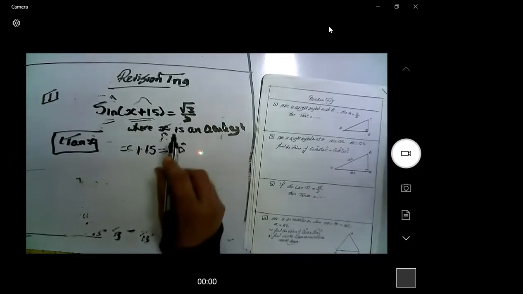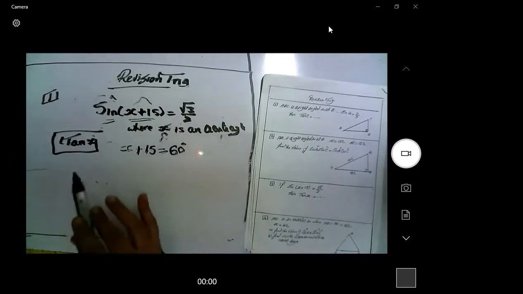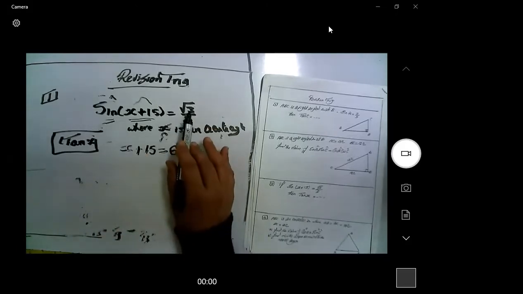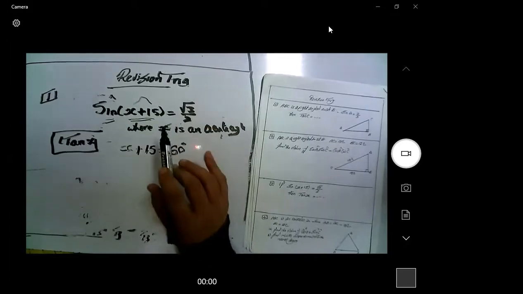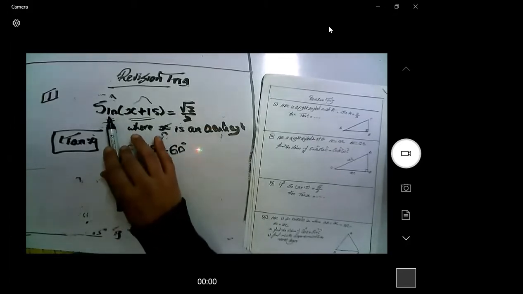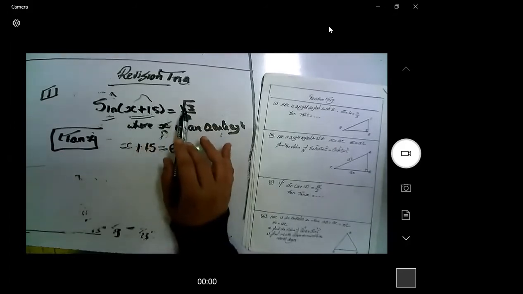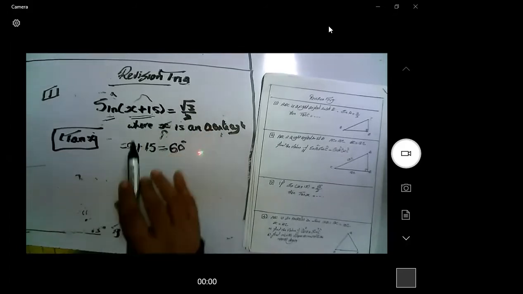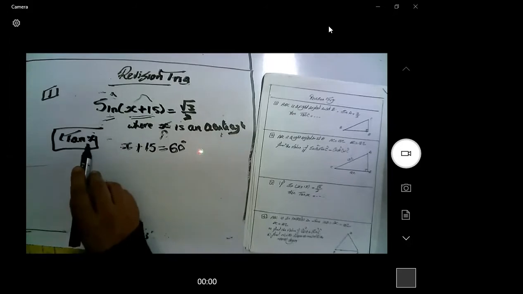So to get the measure of an angle from one of its ratios, sine, cosine, or tan, use shift sine, shift cosine, shift tan. We have the sine ratio, so x plus 15 equals 60 degrees.